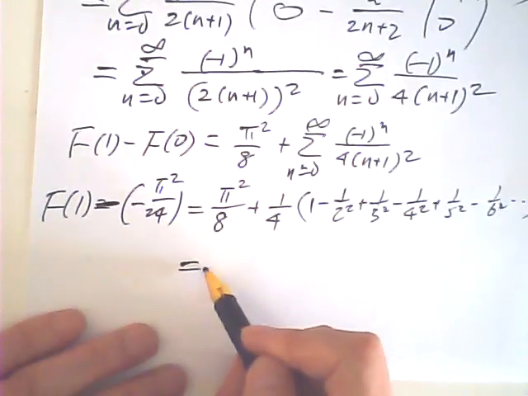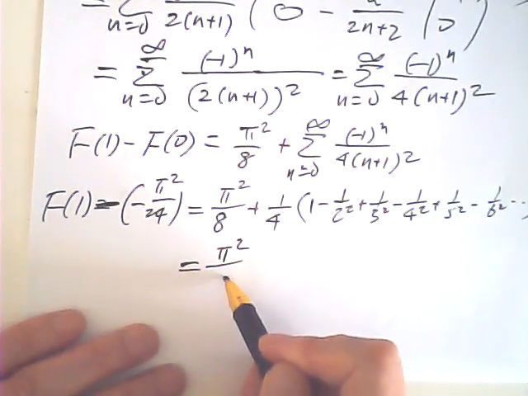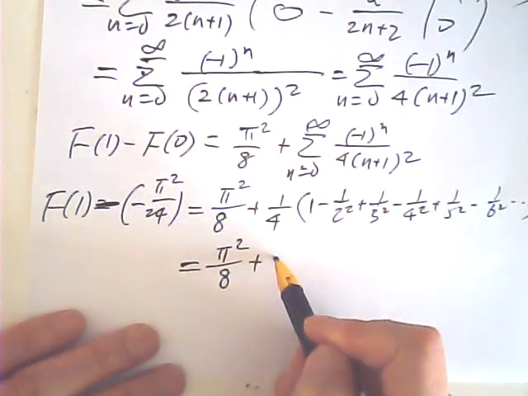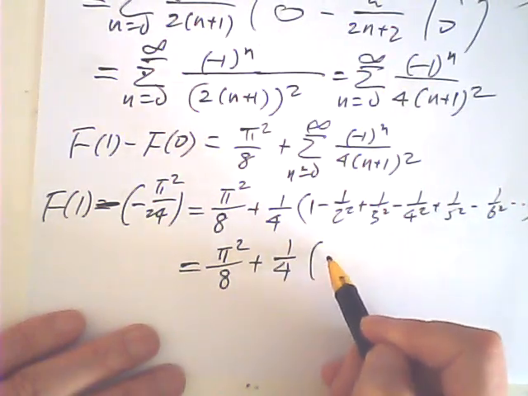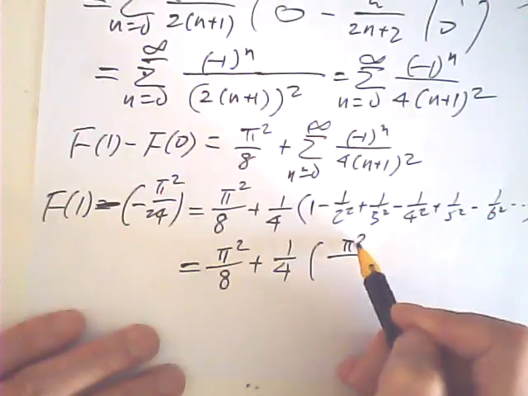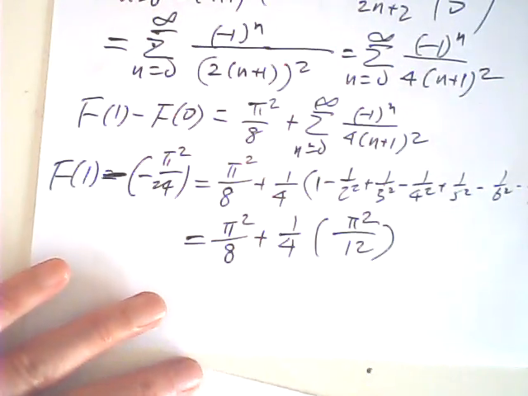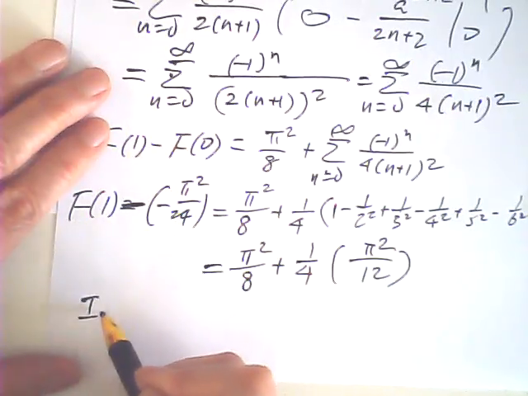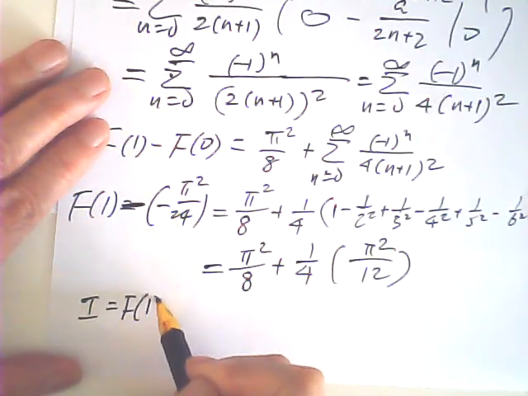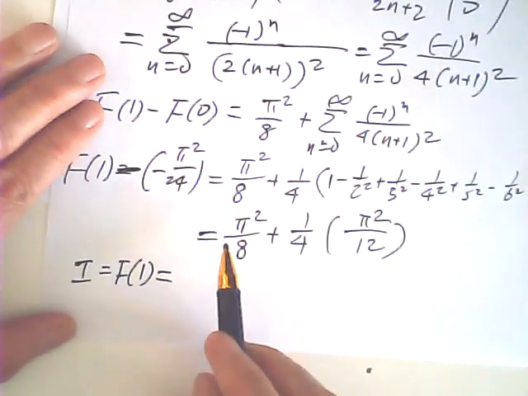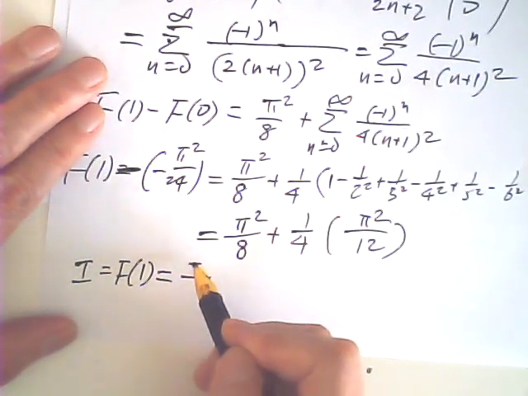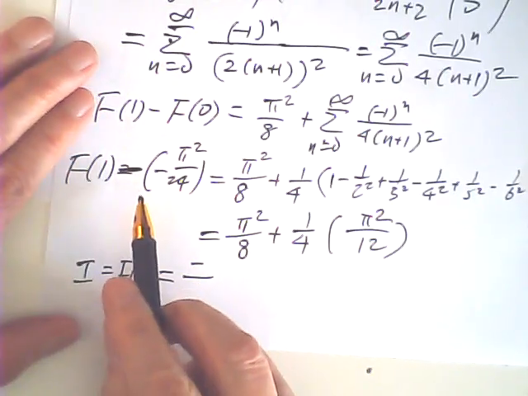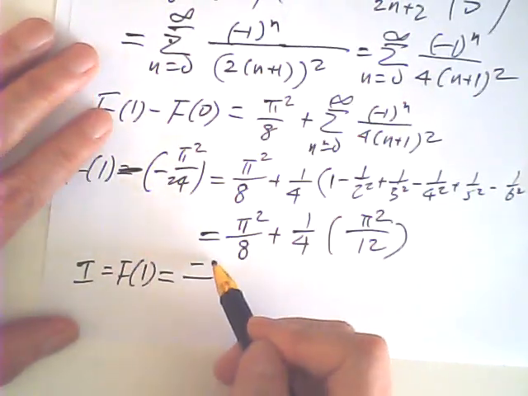So this becomes pi squared over 8 plus 4 times pi squared over 12. Finally, I find my I, which is f of 1, is equal to, this is negative, right?